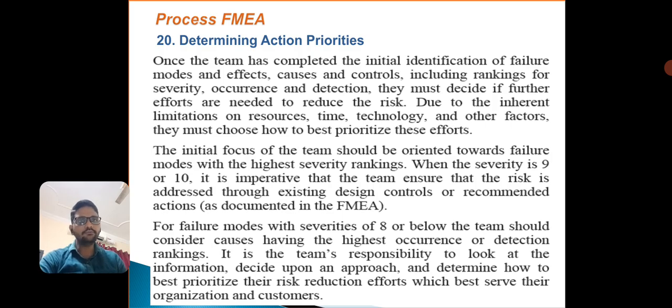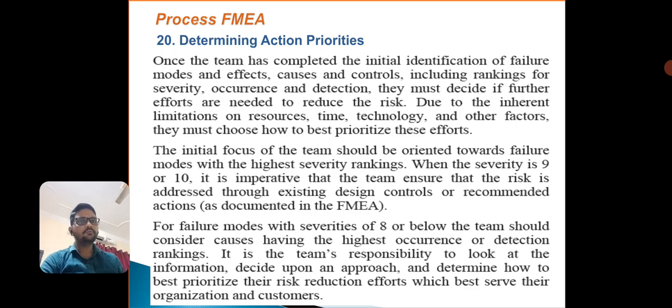The initial focus of the team should be oriented towards failure modes with the highest severity ranking. When the severity is 9 or 10, it is important that the team ensure that the risk is addressed through existing design control or recommended actions.